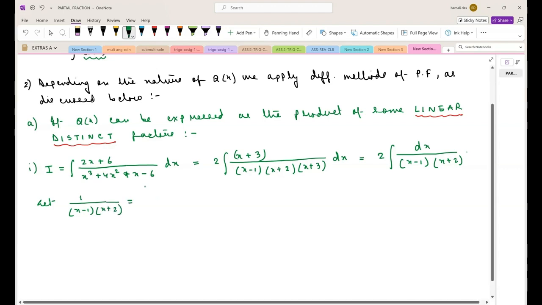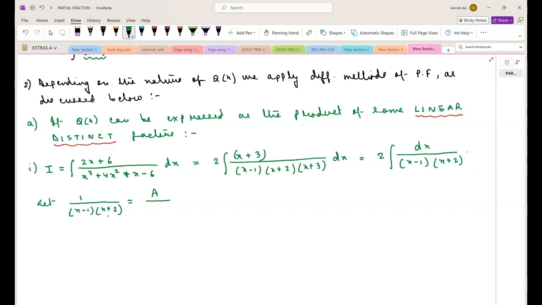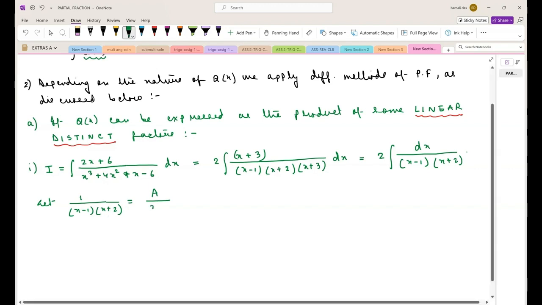This we write as, now one alphabet for each linear distinct factor. So the first factor here is x minus 1. It could have been written in the other way around, x plus 2 into x minus 1. Doesn't matter. So a by x minus 1. So one alphabet a, that is constant, for one factor plus b by the other factor, x plus 2. So here if you do the LCM, so this is x minus 1, x plus 2, and a into x plus 2 plus b into x minus 1.